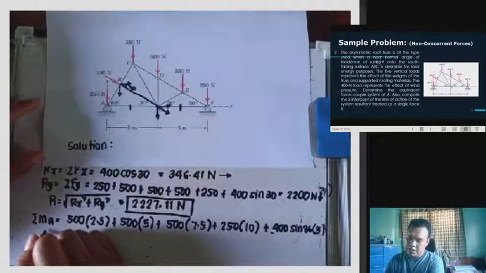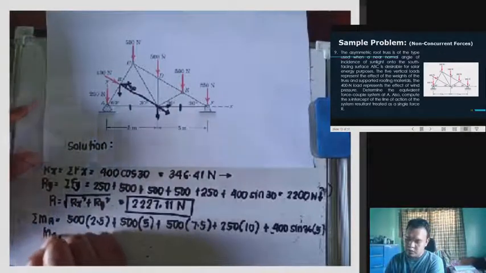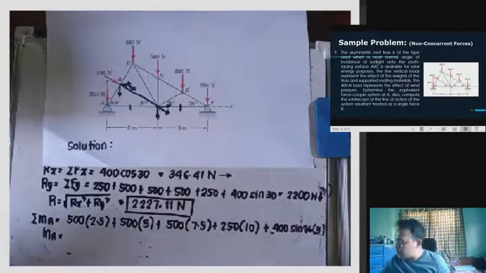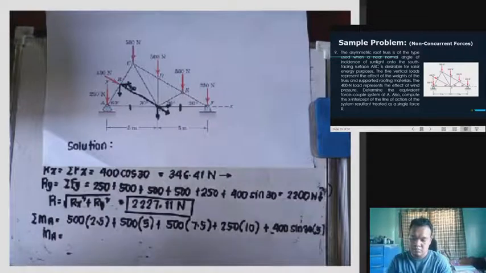So we have here moment at A is equivalent to 500 times 2.5 plus 500 times 5 plus 500 times 7.5 plus 250 times 10 plus 400 sine 30 multiplied by perpendicular distance which is 5.